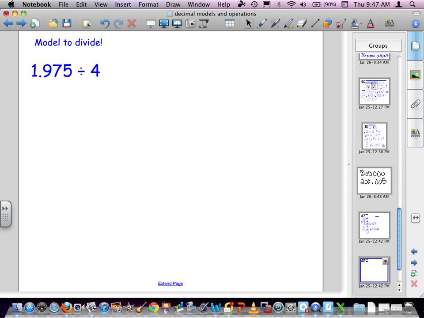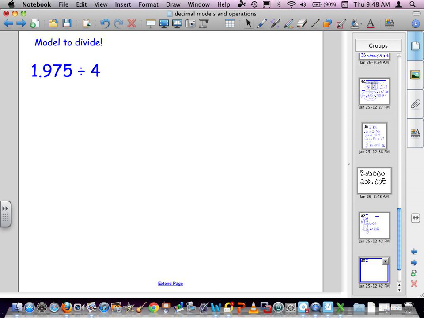Another way you can do this, which is a strategy you might not have thought of, is you can half and half. Well, if multiplying by 4 is double and double, dividing by 4 is half and half. So you can cut it in half and then cut it in half again. But because I put a 5 at the end, that makes halving kind of challenging.